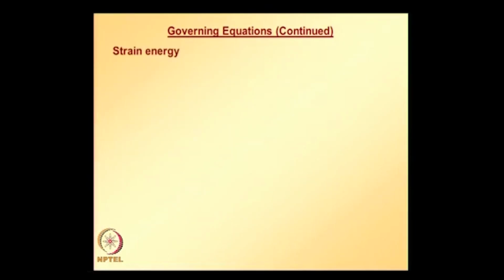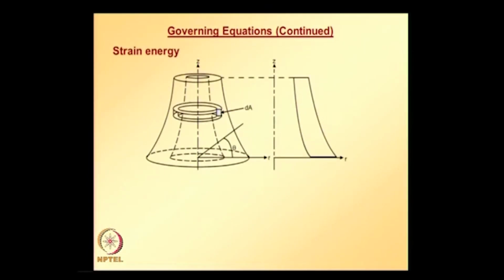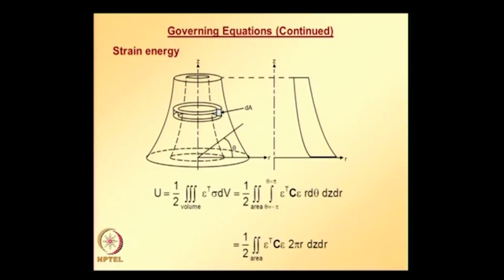So, strain energy: we are dealing with an axisymmetric problem. A typical problem is shown in the figure, and U is defined as the volume integral of epsilon transpose sigma, and since the problem is axisymmetric, we can integrate between theta going from minus pi to pi and simplify this as shown in the slide.